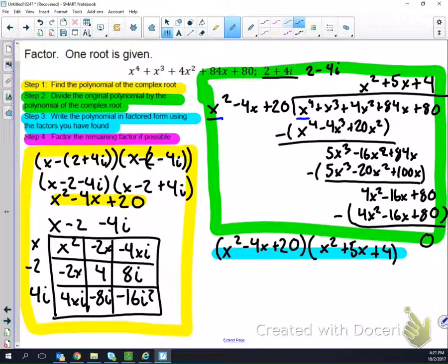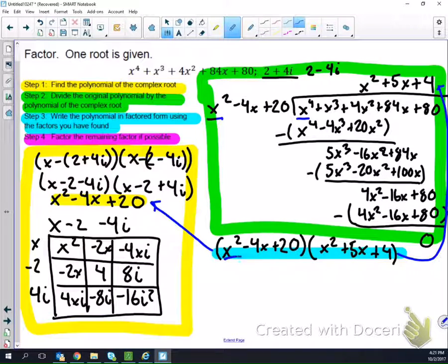So this just came from how we divided. We got our first term here from our first step. Now for our final step, we can look at if there's any of these that we can factor even more.